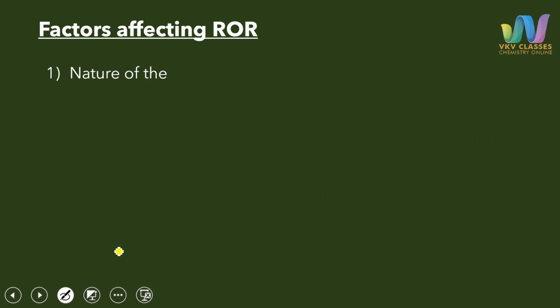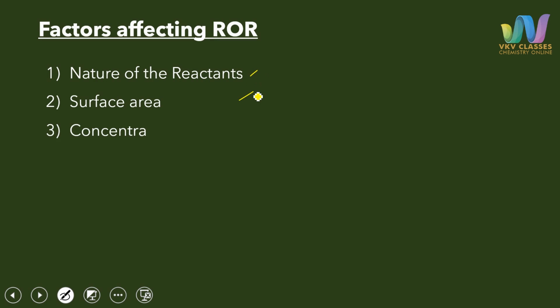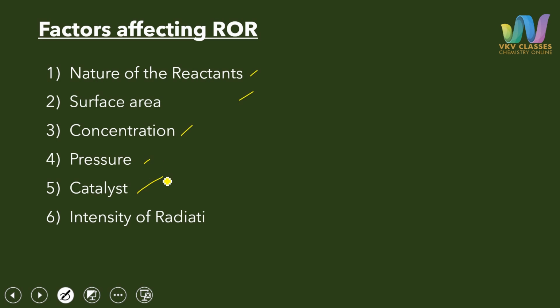The important factors include nature of the reactants, then surface area of the reactant, concentration of the reactant, pressure of the reactants if they are gases, catalyst, intensity of radiation or light, and most important thing, the temperature. Let us discuss these factors one by one.